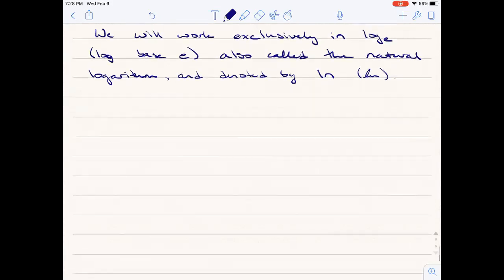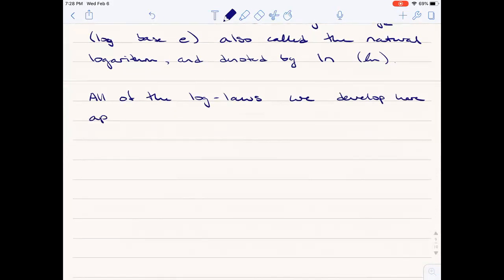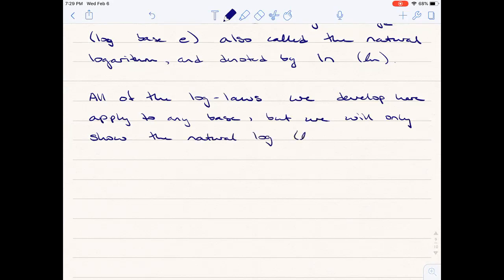All of the log laws we develop here apply to any base, but we will only show the natural log, ln.